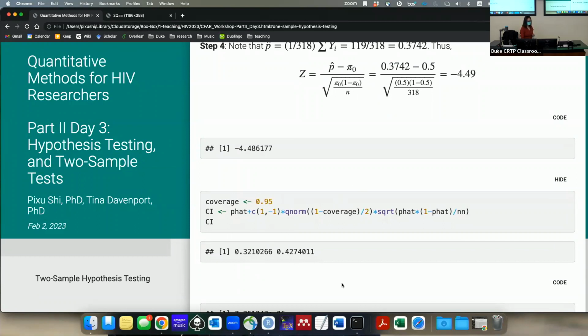Does that make sense? So suppose I have a null that's 0.2, an alternative that is p smaller than 0.2, and you have a confidence interval that's like this. Can you reject the null hypothesis? This is just for a two-sided test, right?